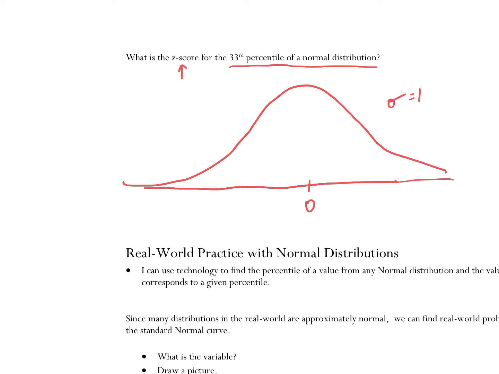And what does it mean for something to be a 33rd percentile? The 67%? So the middle part? Not percentile.